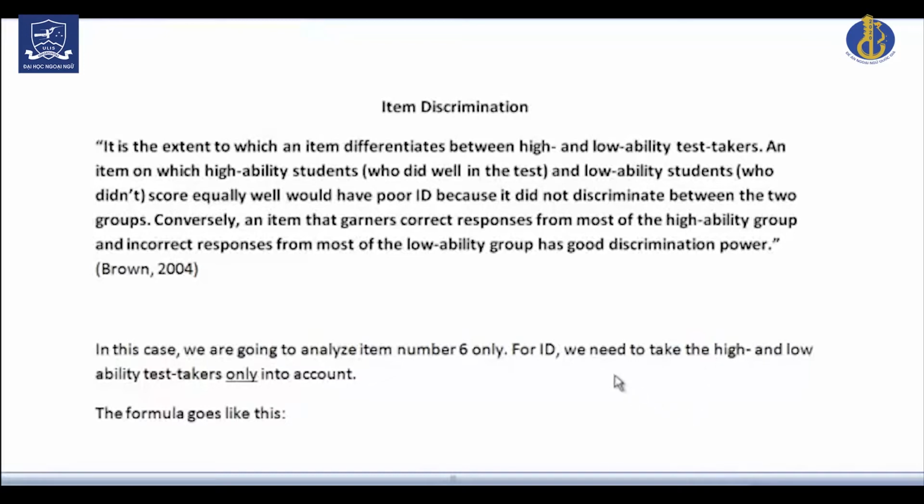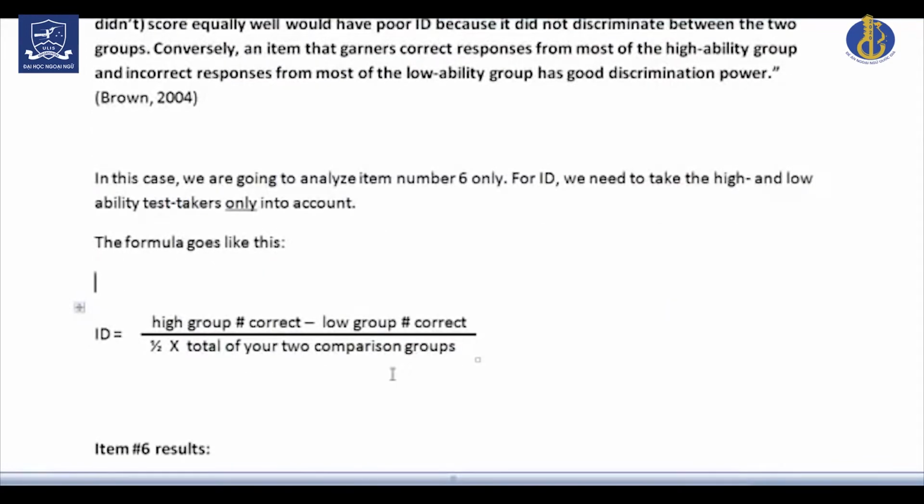Brown, 2004. In this case, we are going to analyze item number 6 only. For ID, we need to take the high and low ability test takers only into account. This is the formula we are going to be using.